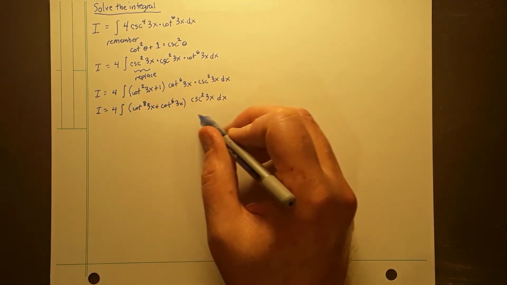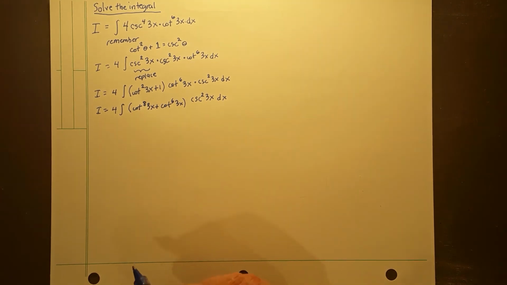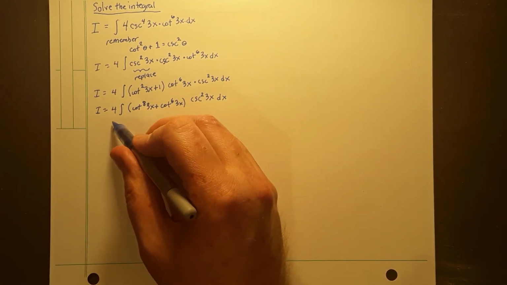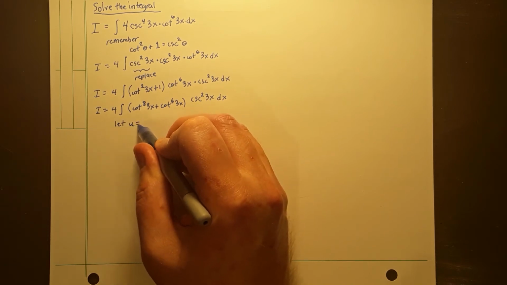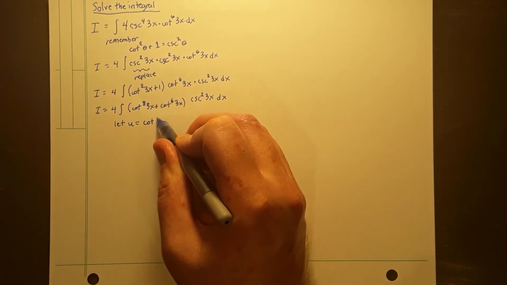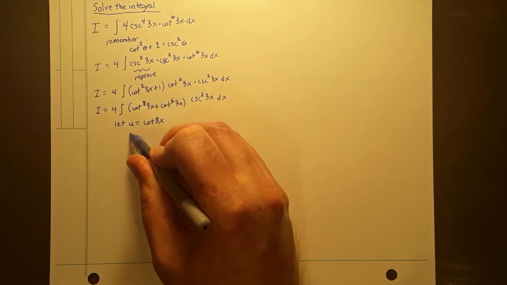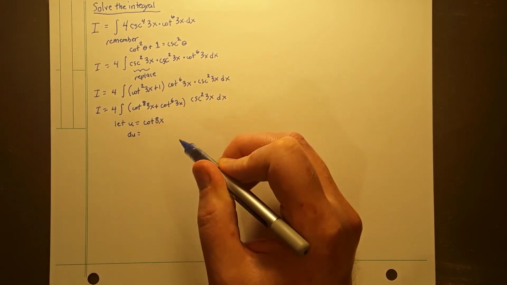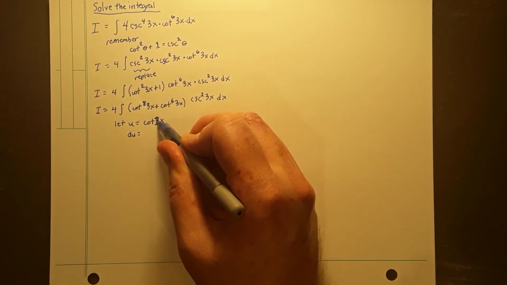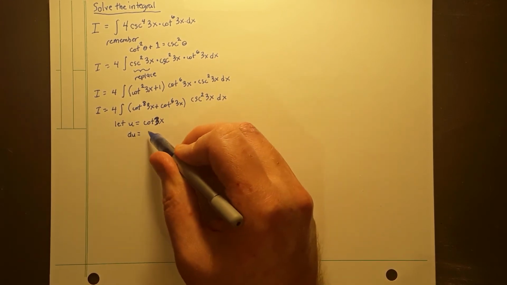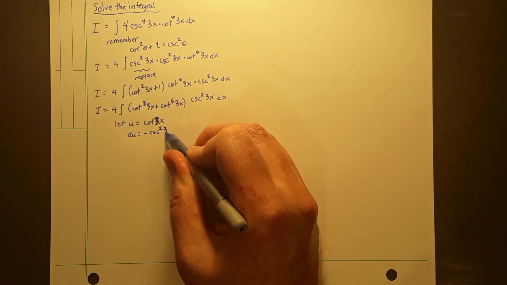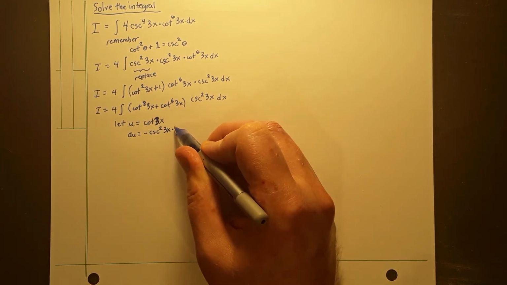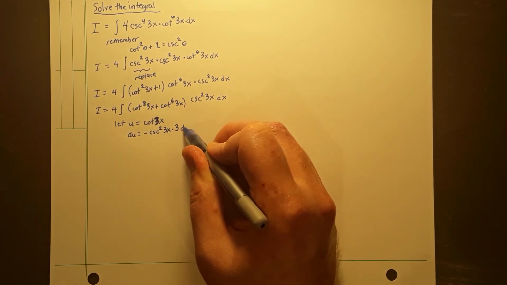So this is still not a simple power of x, but if we do the substitution, step 2, let u be cotangent 3x. The differential of cotangent 3x is negative cosecant squared 3x times the derivative of the argument, which is 3.